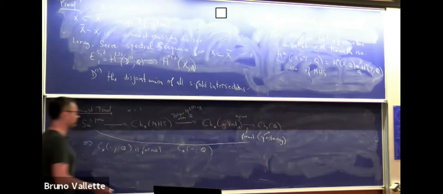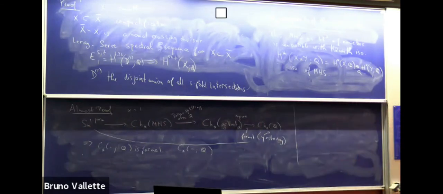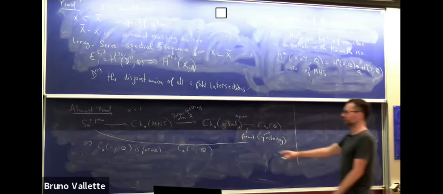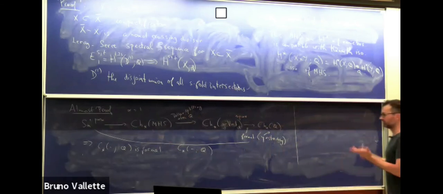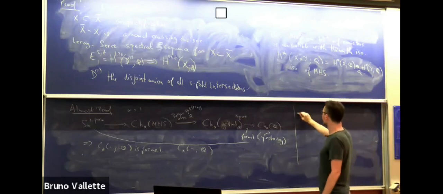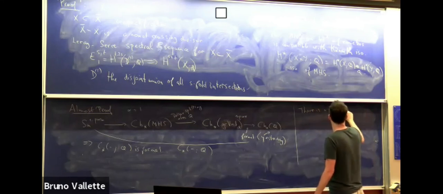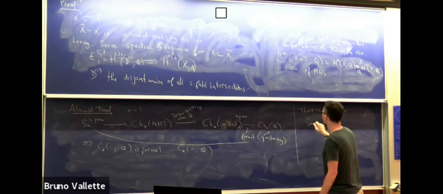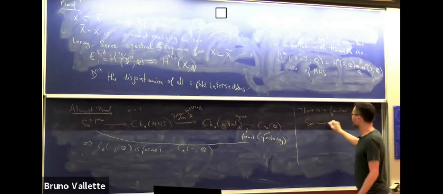So this is our almost proof, and the way we make it work: I don't know how to make a functor like this directly, but if you look at the literature on mixed Hodge theory, people introduce what they call a mixed Hodge complex. You can associate to any smooth variety a mixed Hodge complex.